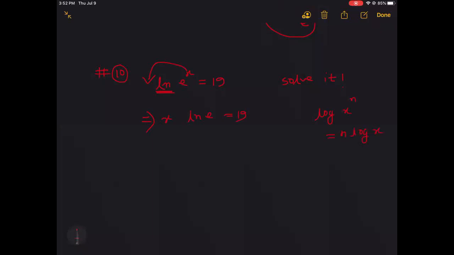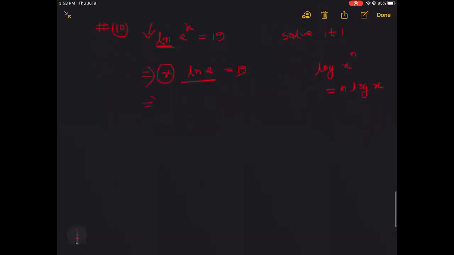So you can write x times ln e, and as your base and variable are the same, the logarithm with respect to which you are operating, it means x times 1 equals 19, x equals 19. That's it. That's your answer.